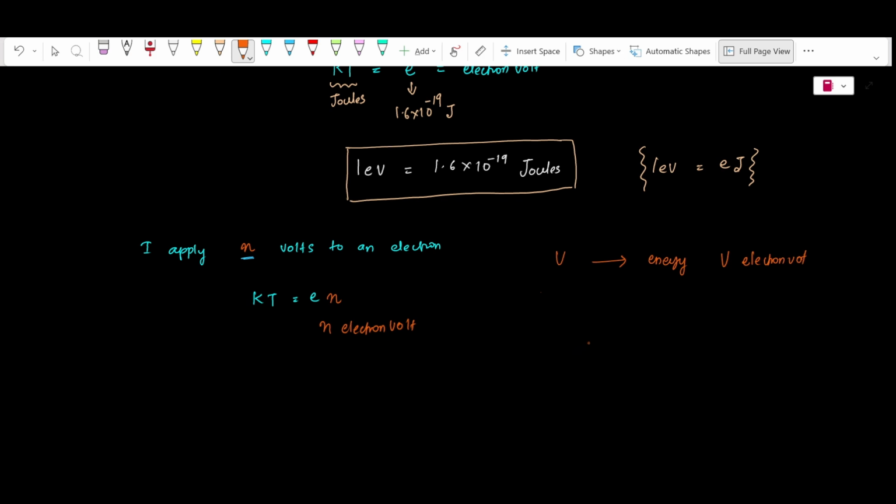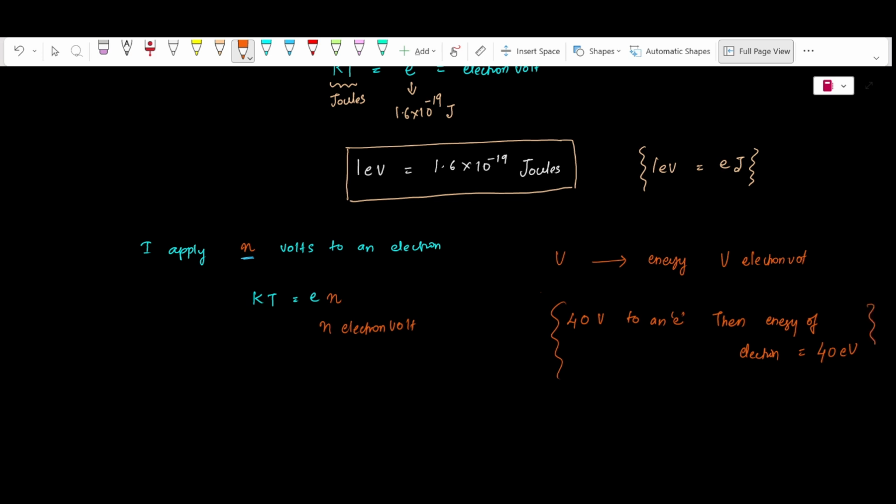For example, let's say that I apply 40 volt to an electron, then the energy of that electron is nothing but 40 electron volt.